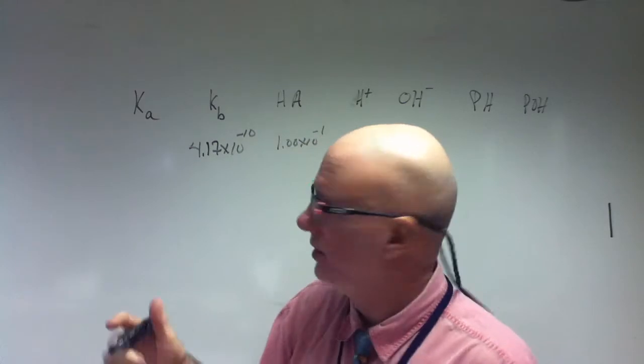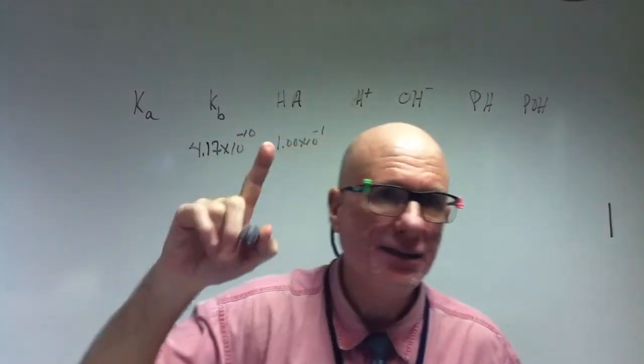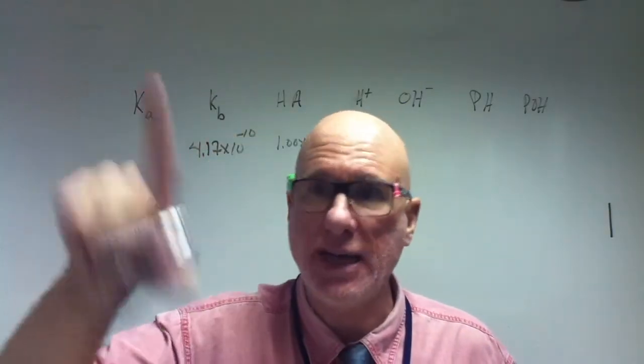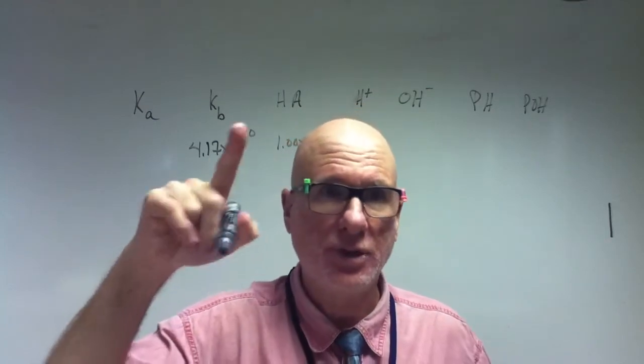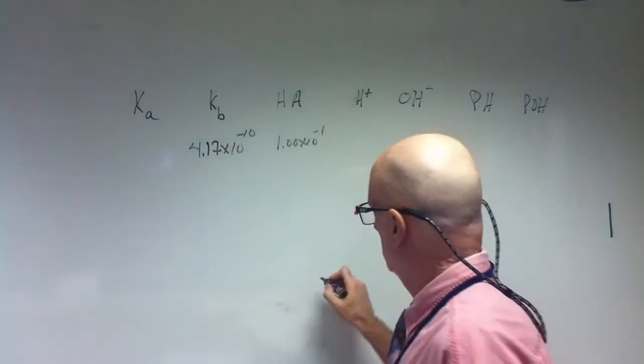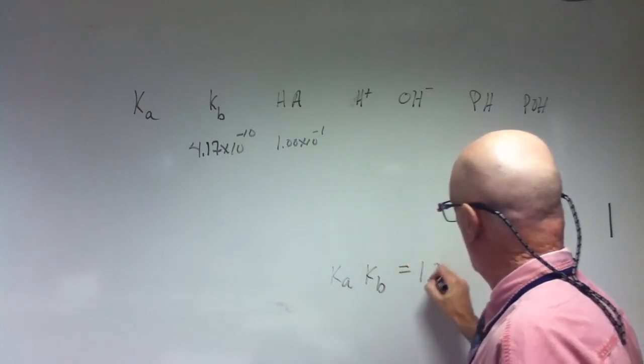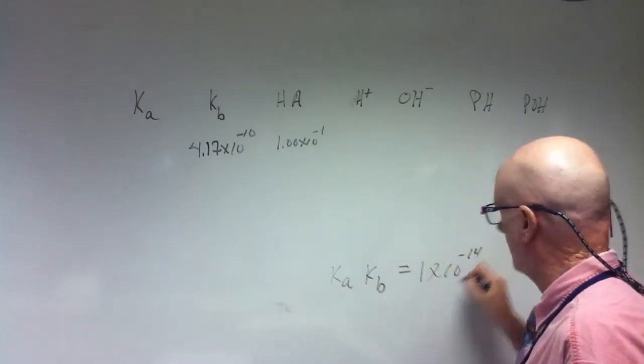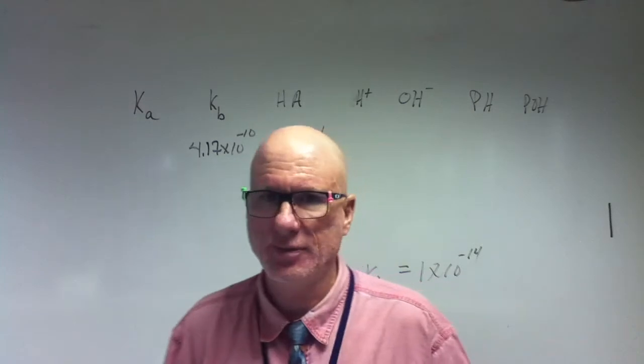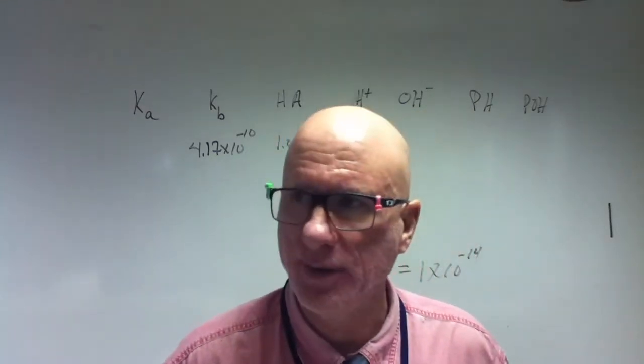Okay, now, Ka is what? Do Ka right now. Kb equals 1 times 10 to the negative 14, right? Same thing as Kw.